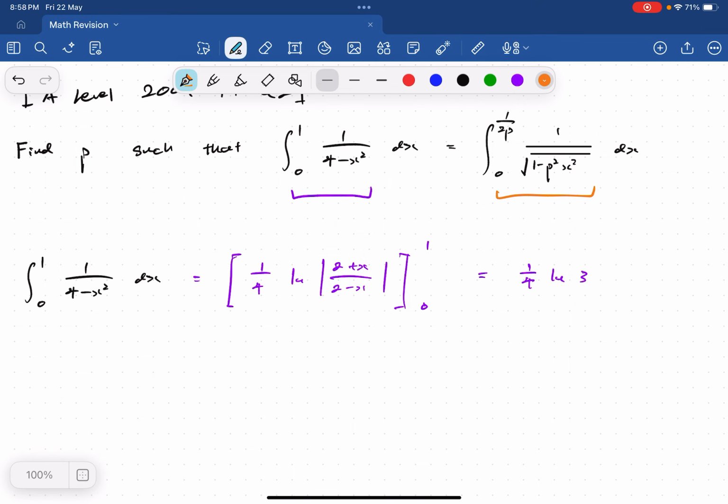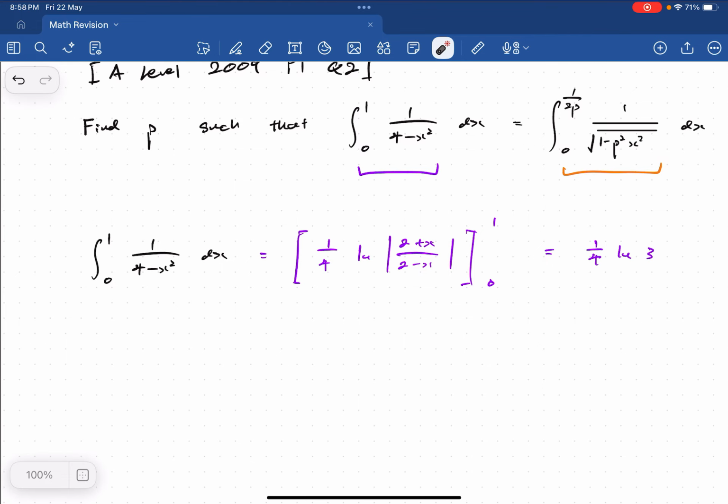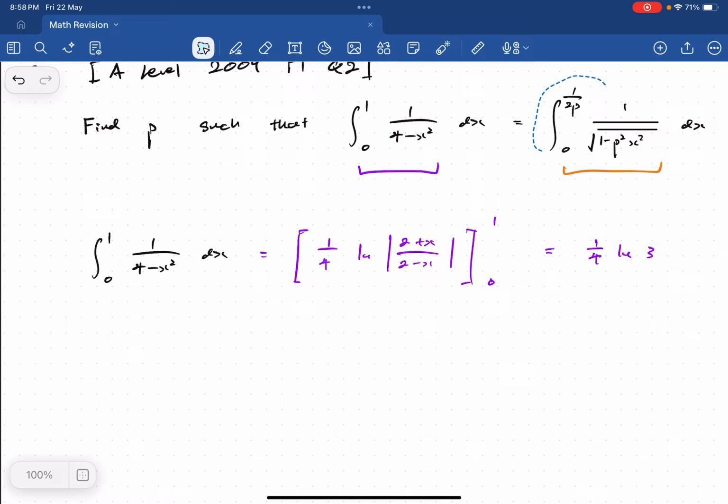Okay? Remember, key lesson I said earlier, your coefficient of x squared by hook or by crook has to be 1. What is the coefficient of x squared here? It's p squared. So I'm going to need to get rid of that, right? So let us copy this integral over.